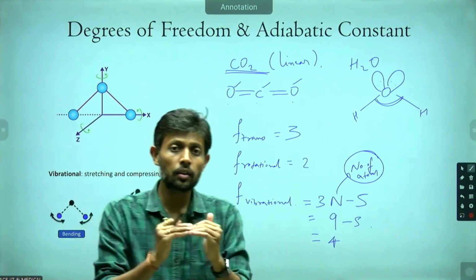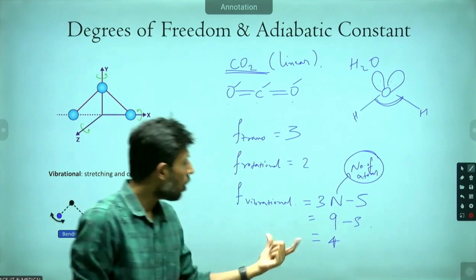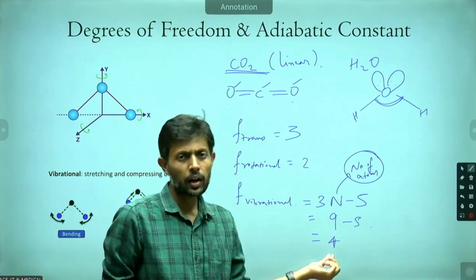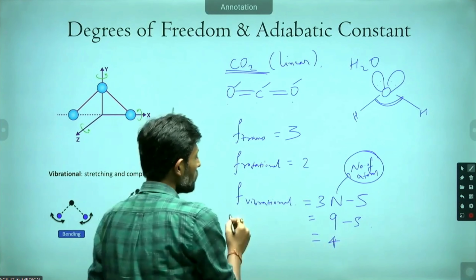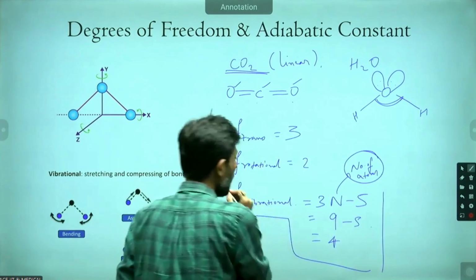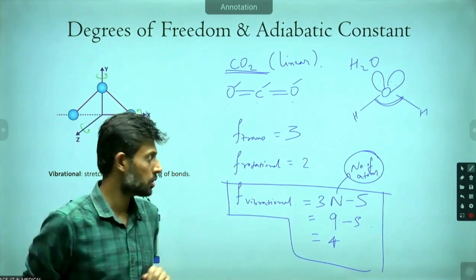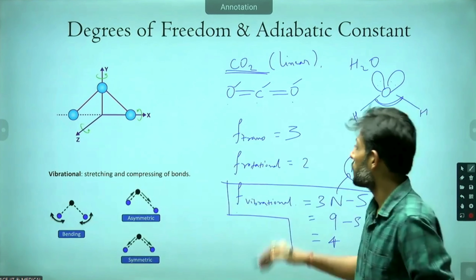Now, it depends on the temperature, okay? So if the temperature is really low, not all the vibrational degrees of freedom will be excited. So maybe only 1 vibrational degree or 2 vibrational degrees are excited. So this you would be given in the question, how many vibrational degrees of freedom have been excited, at what temperature? Okay. So overall, this is the situation.